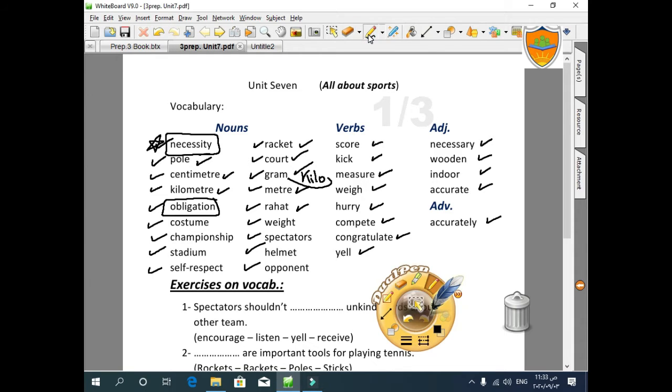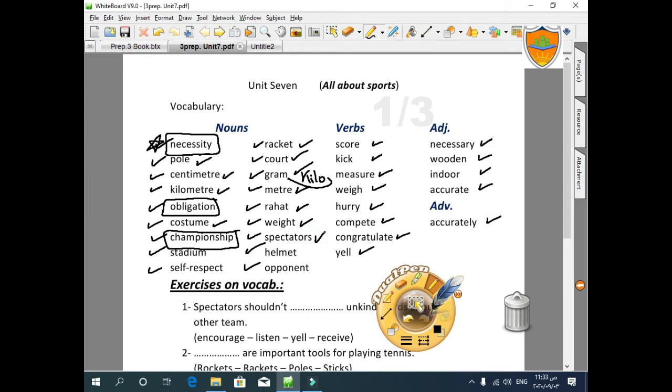Let's go to costume, which is a special uniform for a special place or party. The word weight means how heavy something is. Championship, a competition especially in sports.